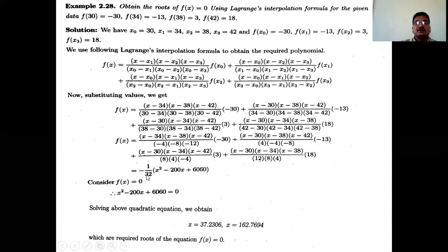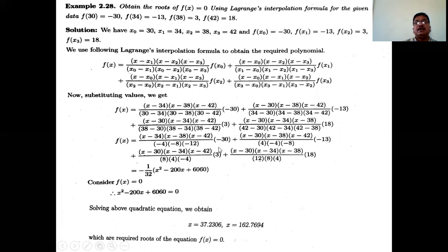We have this answer. So this is the polynomial which takes these values or which fits to the given data. That is, if we substitute x is equal to 30 in this polynomial, then we get minus 30 as the answer. If we substitute x is equal to 34, then we get the answer minus 13.